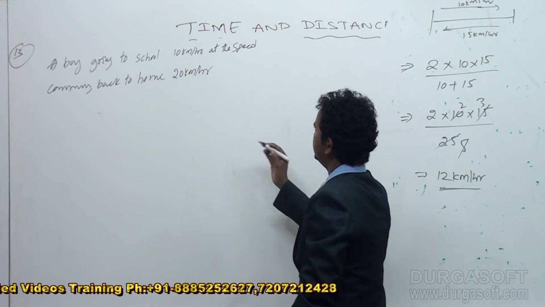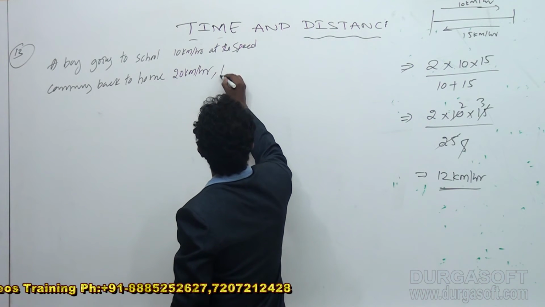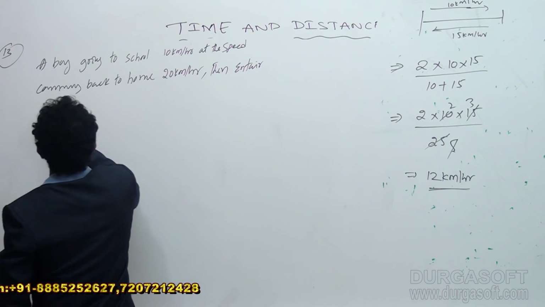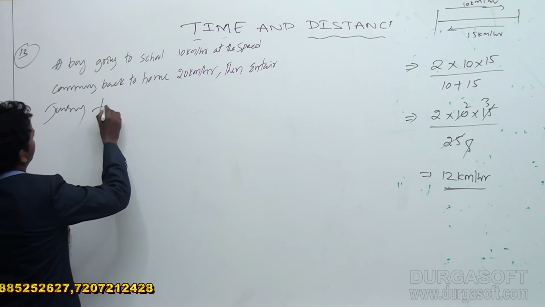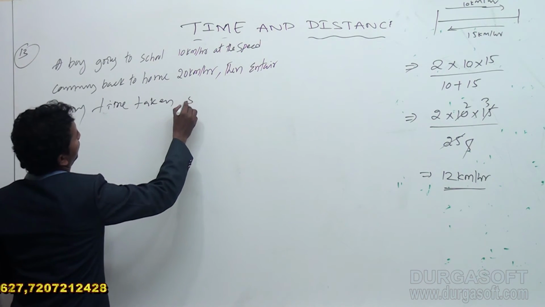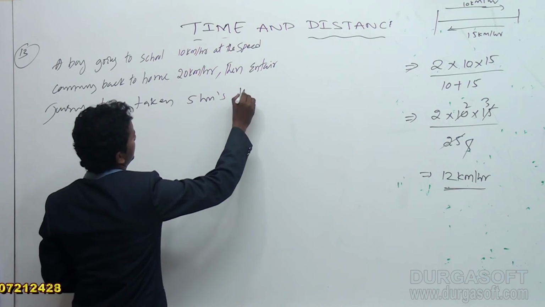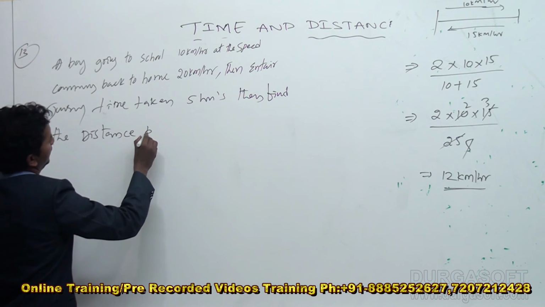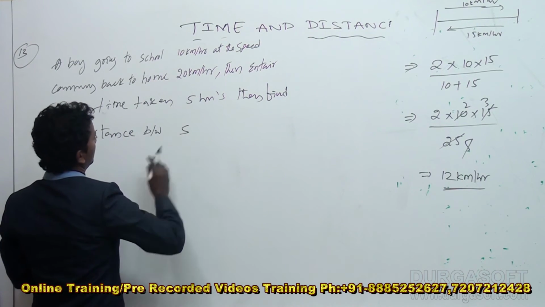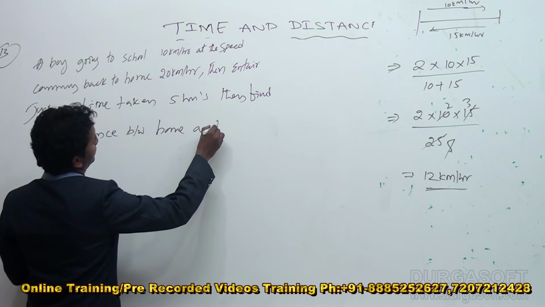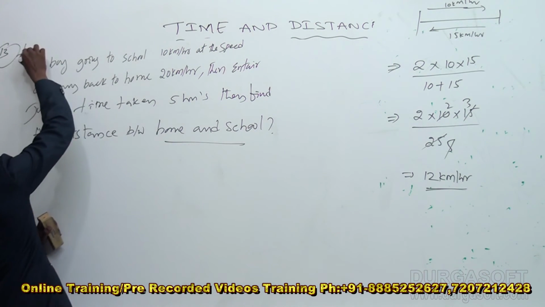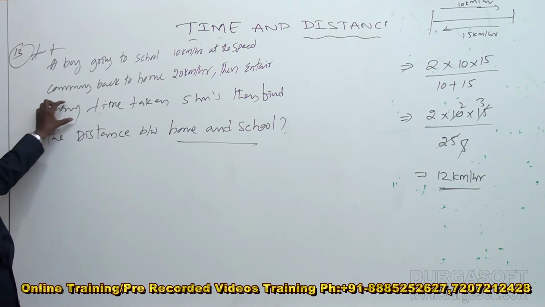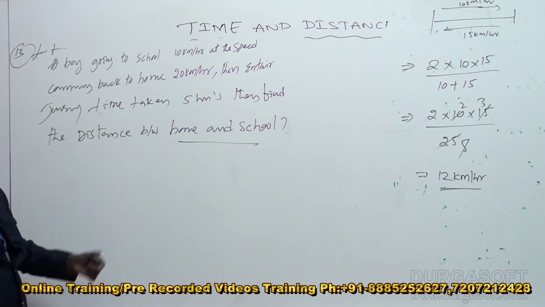The entire journey time taken is 5 hours. Then find the distance between home and school. This is a very important question.